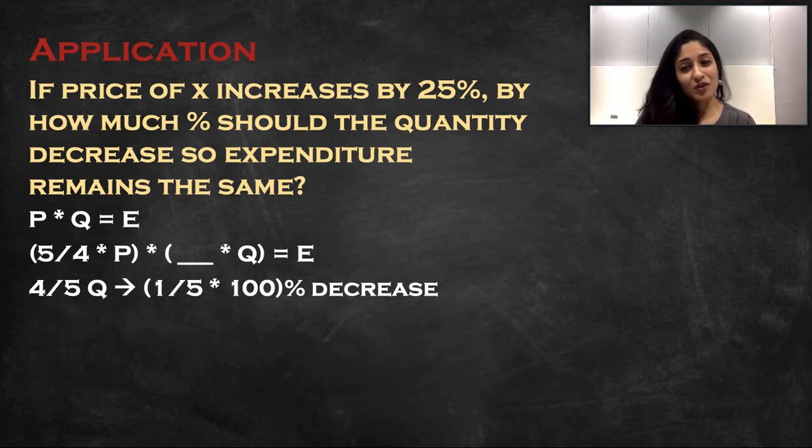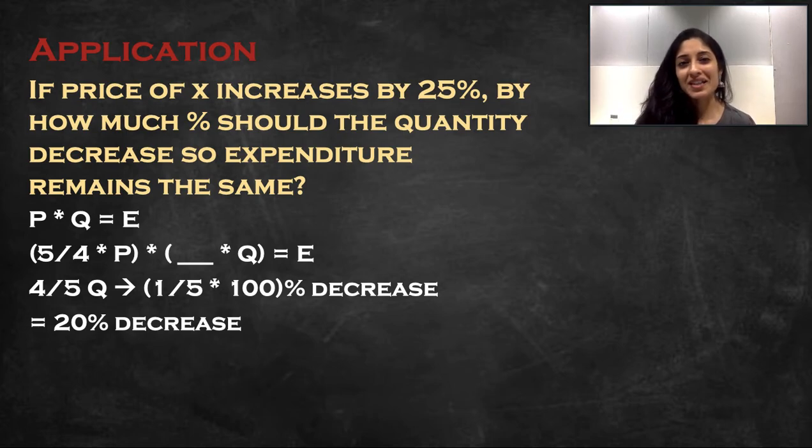So 4/5 of a quantity is nothing but a reduction of 1/5, and 1/5 is equivalent to 20%. If I use these fractions, I can calculate such questions mentally, and I can use this method for any inversely varying variables.